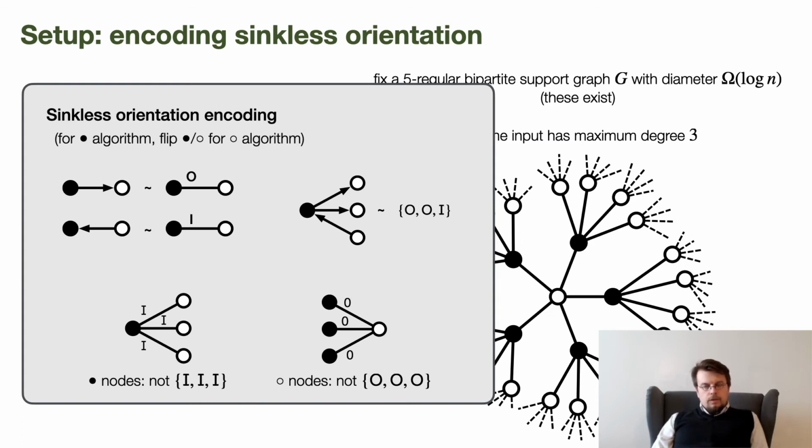For example, if you have a black node orienting 2 edges away from it and 1 edge into it, we think of the output of the node being a multiset consisting of O, O, and I. And the constraint is exactly what the Sinkless orientation constraint says. So black nodes are not allowed to output a set of 3 I's, and for each white node, the outputs of the incident black nodes cannot label all the edges incident to this white node with O.